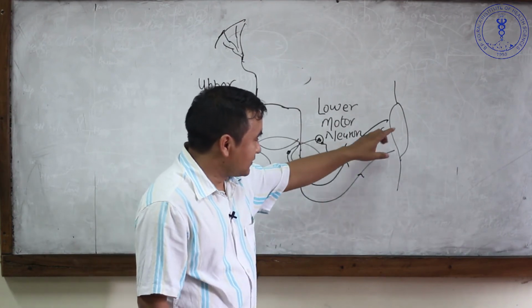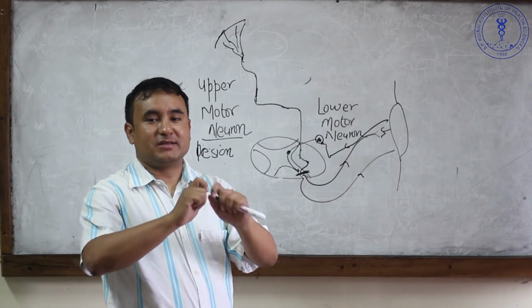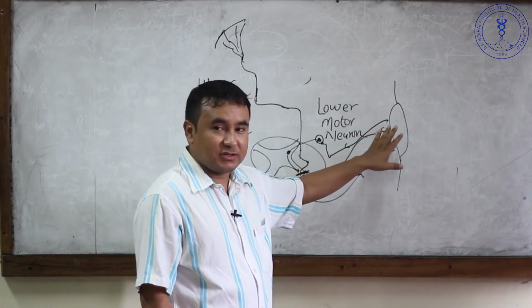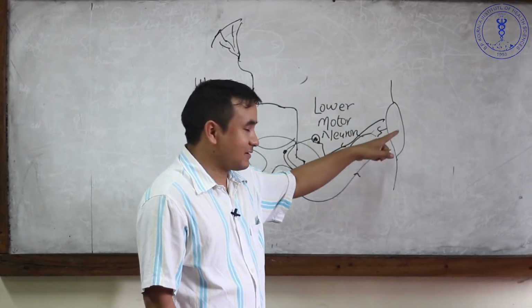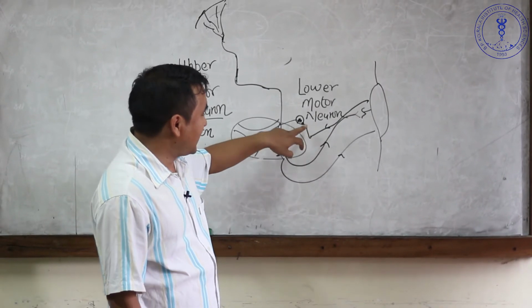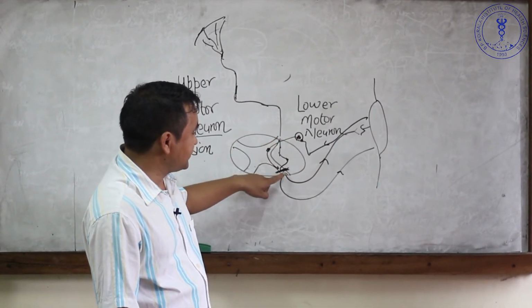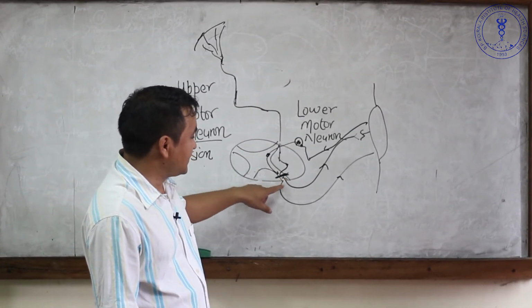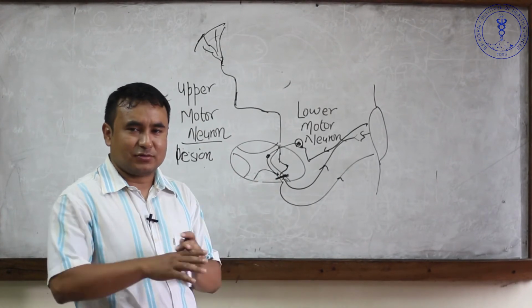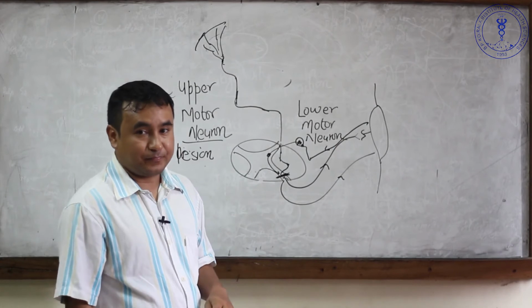If there are any changes in pressure or tension, they can be detected by the receptors in the muscles. That change is transmitted by the sensory component, and at the level of the spinal cord, from the posterior horn to the anterior horn, it stimulates the anterior horn to make changes according to the impulses. So these are the locally acting reflexes present at the level of the muscles.